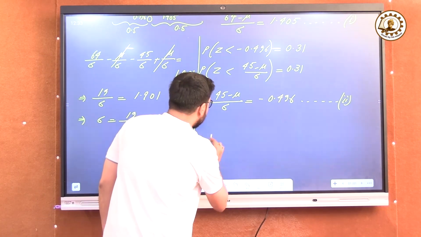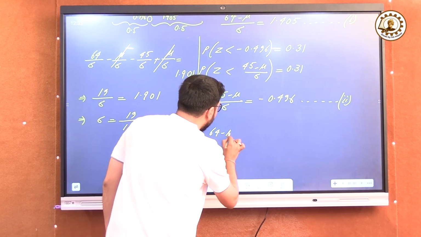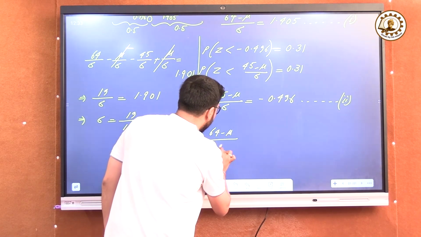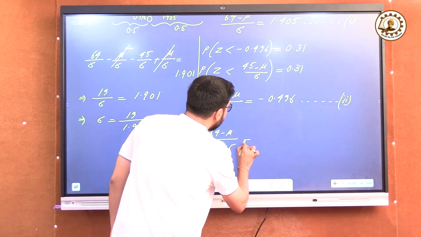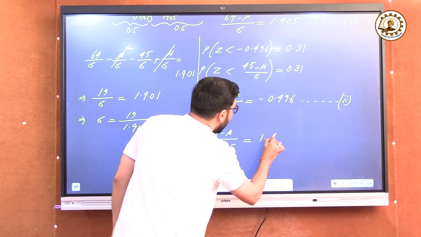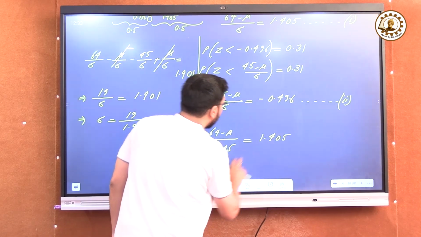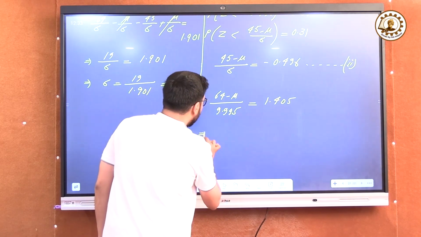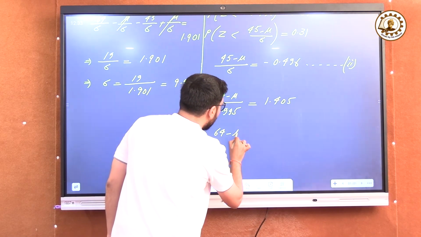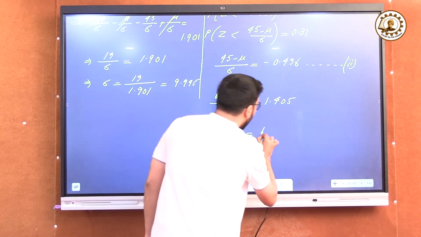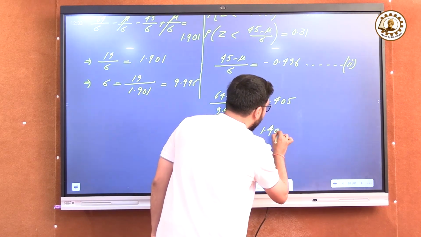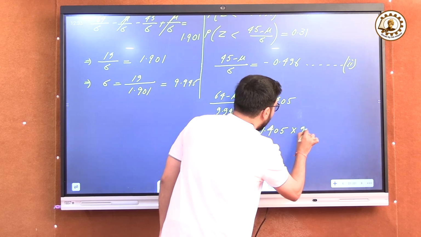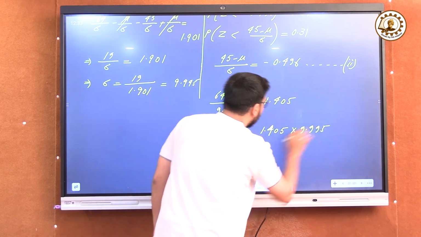So (64 minus mu) divided by 9.995 equals 1.405. Next, 64 minus mu equals 1.405 into 9.995.